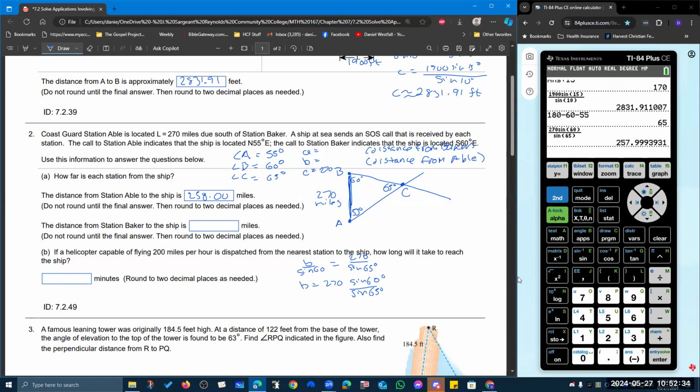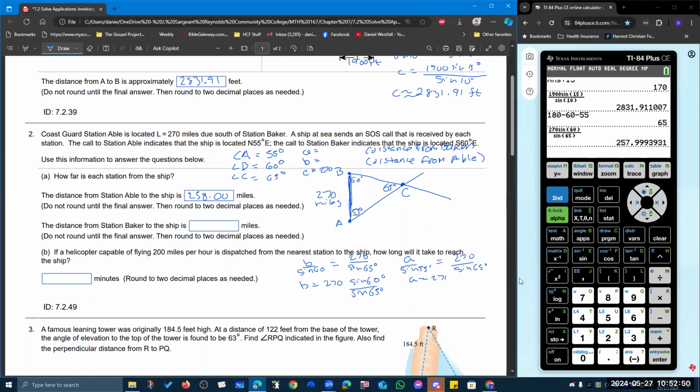And now we want A is to sine of 55 as 270 is to sine of 65.